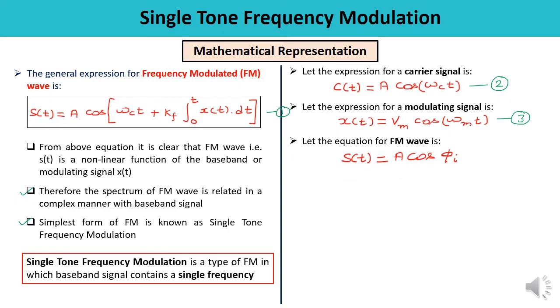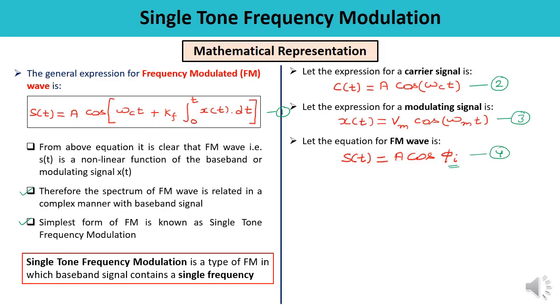The equation of the frequency modulated wave we have discussed is s(t), equal to A cos phi i, and this term phi i is the instantaneous phase angle of the modulated wave.